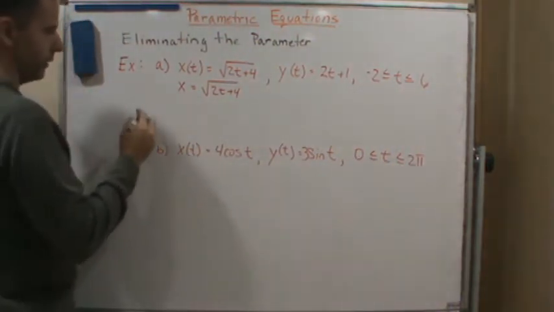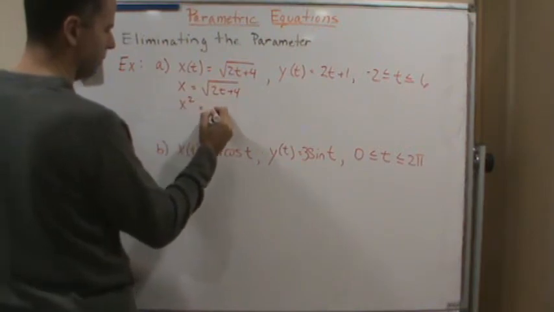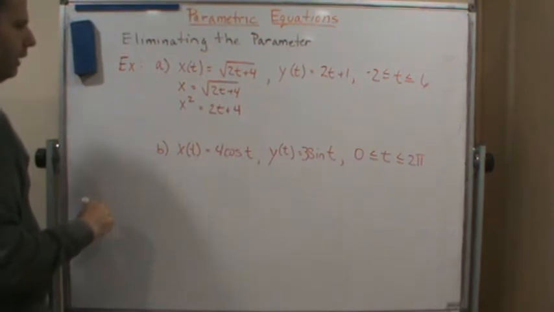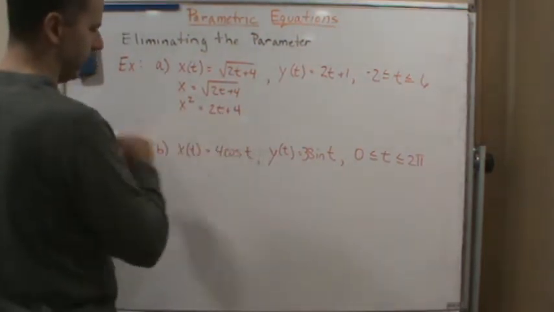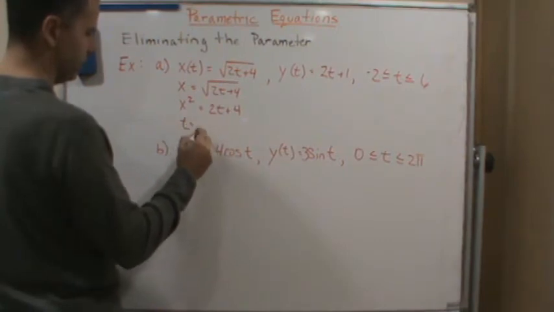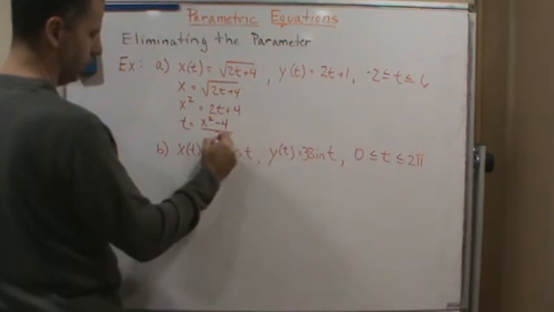I square both sides, so I get x squared equals 2t plus 4. And then I'm going to subtract 4 and divide by 2. So I get t equals x squared minus 4 over 2.